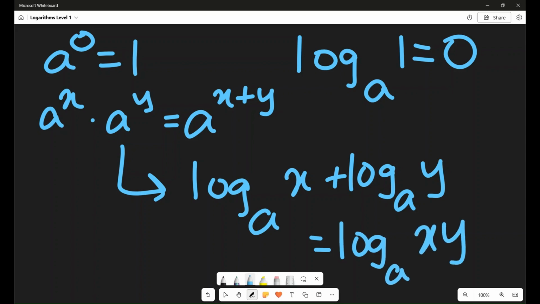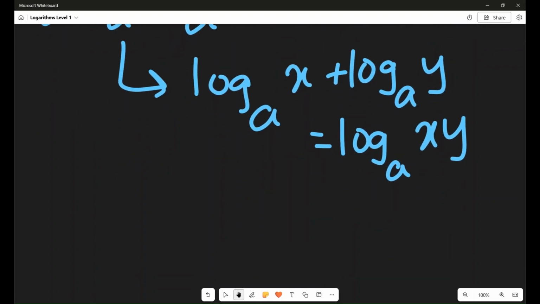And if at first this does not make a whole lot of sense, instead of x, put in a to the power of x. And instead of y, put in a to the power of y.